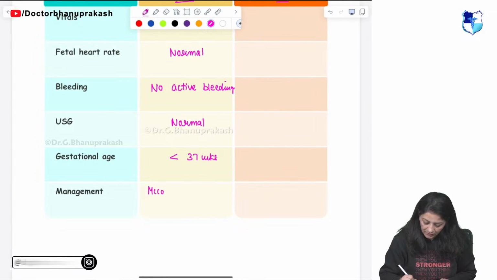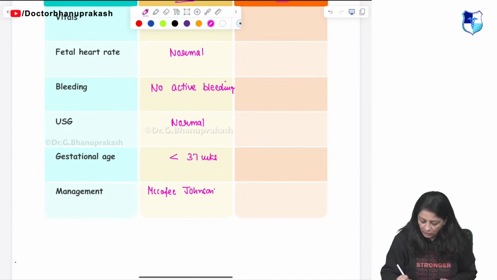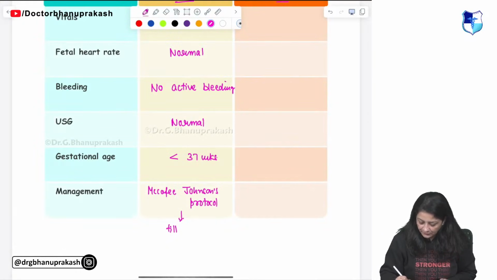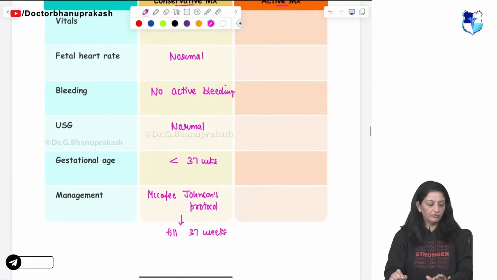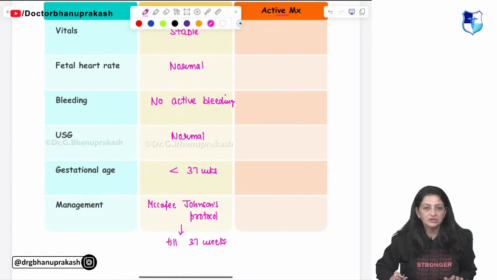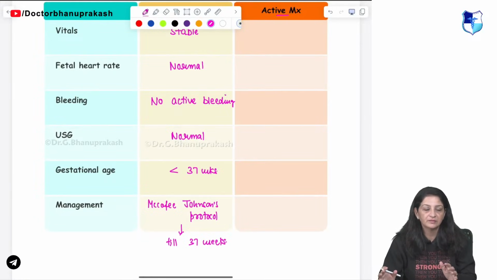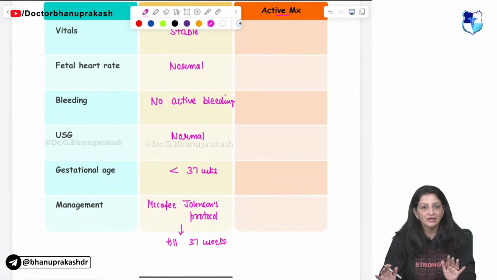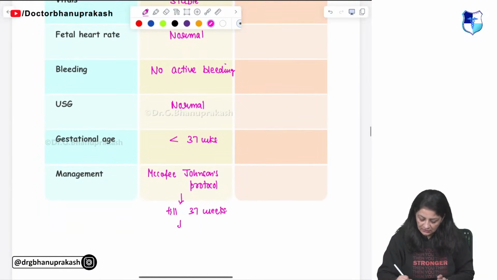According to Macafee-Johnson's protocol, we have to take the pregnancy till 37 weeks of gestation for lung maturity. Admit the patient, give tocolytics, give steroids and wait and watch. Then after that, cesarean section.